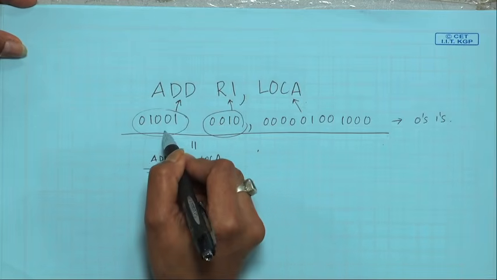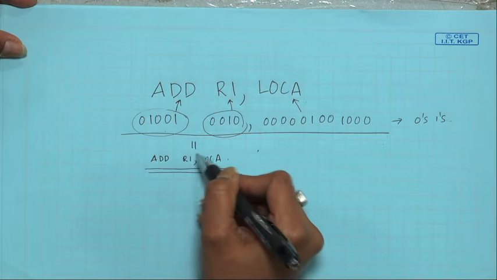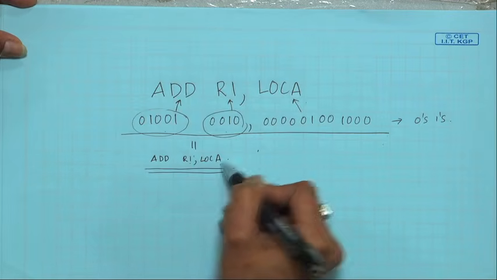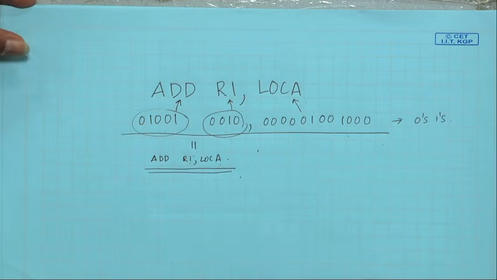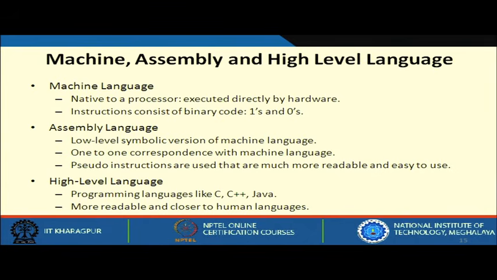This represents add, this represents R1, this represents location A. So, this language is a low level symbolic version of machine language. There is a one-to-one correspondence with machine language.